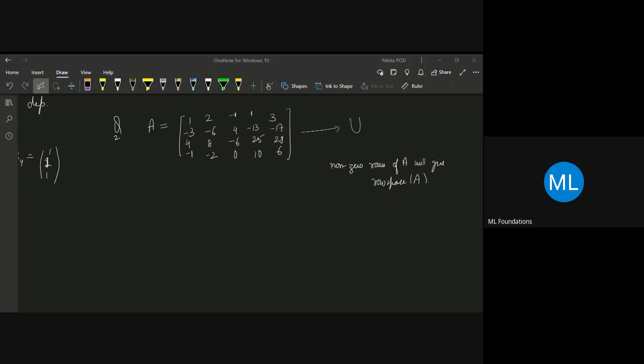Can you tell me what the question is? Is it about finding the rank and the row space?